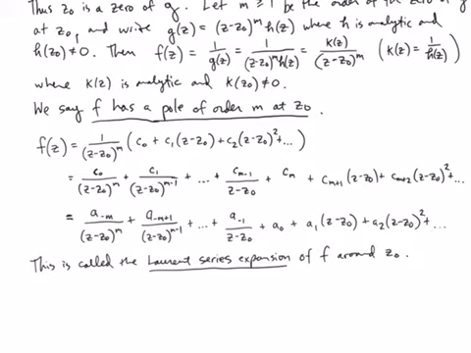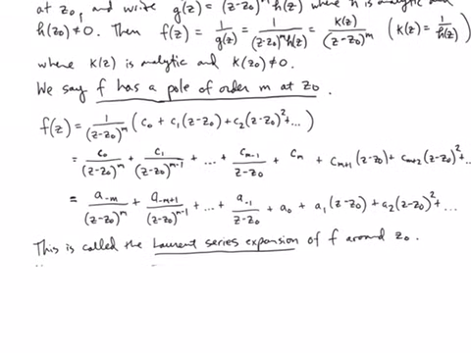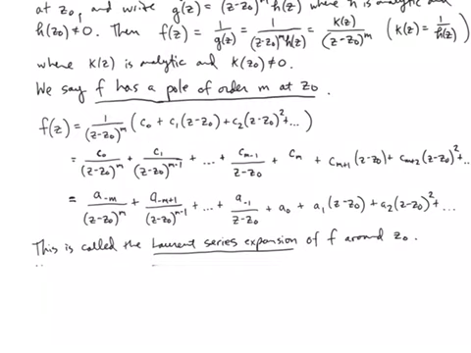This is just a special case, since there's a more general result about Laurent series, but this is the Laurent series expansion for a pole. So your f here, you can write as the sum of a sub n times z minus z naught to the n, for n from negative m to infinity.